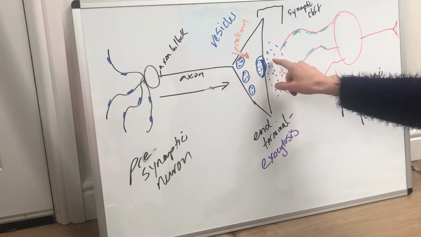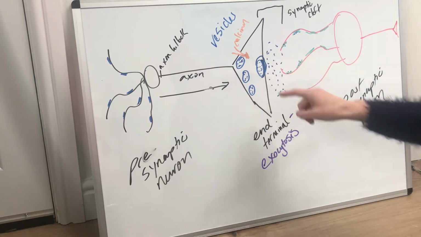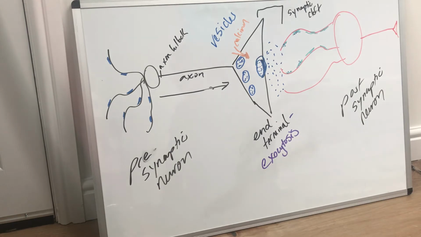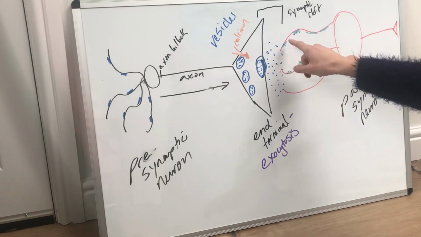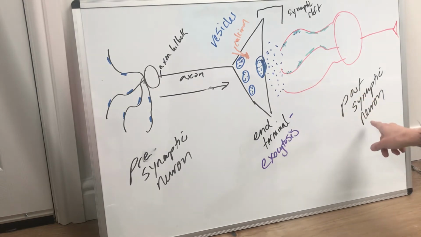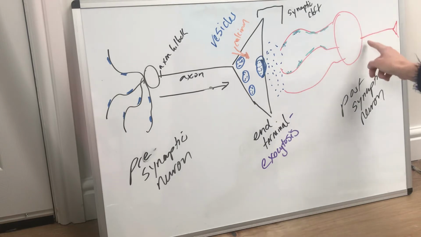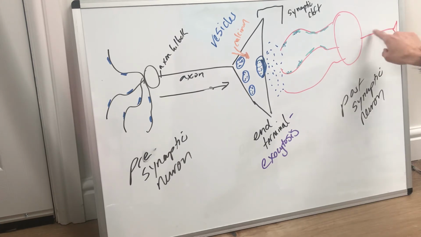The neurotransmitter then diffuses into that space between the two neurons, the synaptic cleft, and will then start to attach to the receptors of the dendrite of the next neuron down, the postsynaptic neuron, causing another computation at the axon hillock. And if you've got an excitatory postsynaptic potential, enough of that, it'll propagate a new electrical signal down the length of the axon.